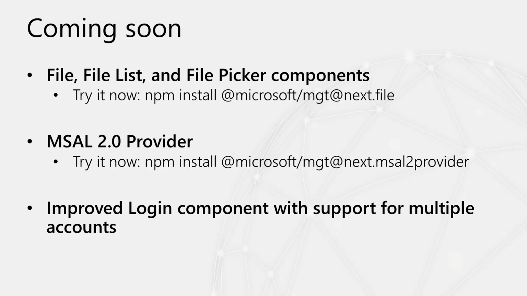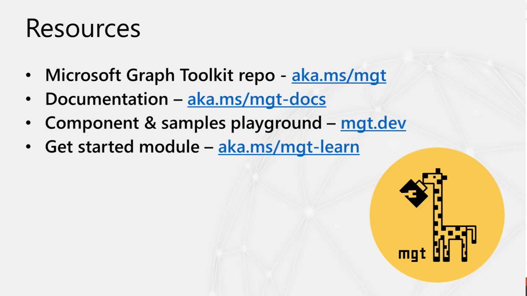Actually, the MSAL2 provider preview package, we're still working on publishing that, but it should be available in the next 1 or 2 days. Just note that they are previews, so they're subject to change. If you try them out and want to give us feedback, that would be great.